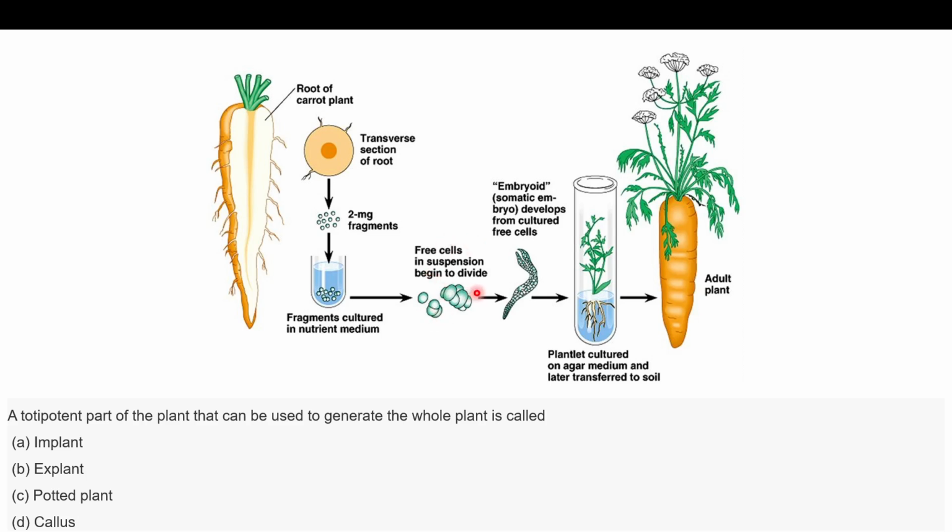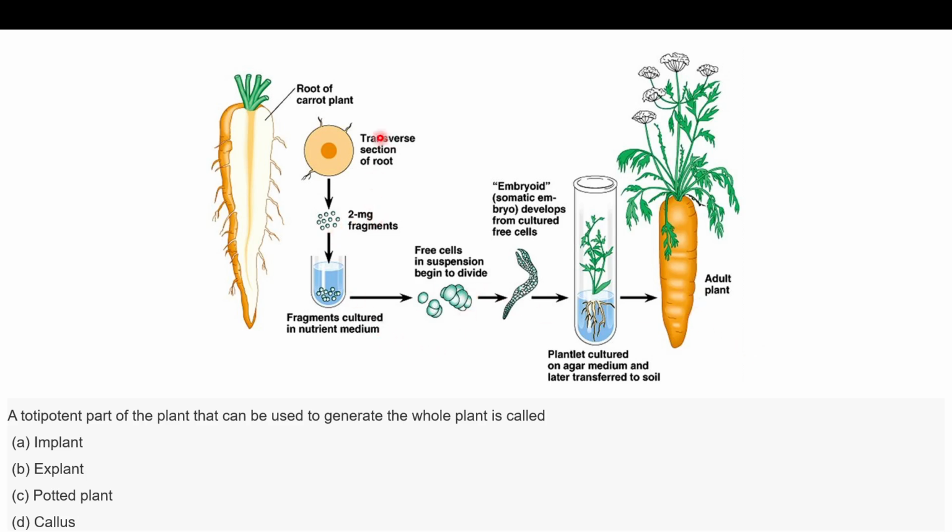Then the plantlet is first cultured on an agar medium, like a solid nutrient medium, and when it grows into a plantlet, it is transferred to the soil to let it grow into an adult plant.